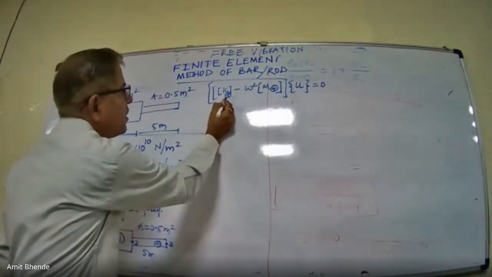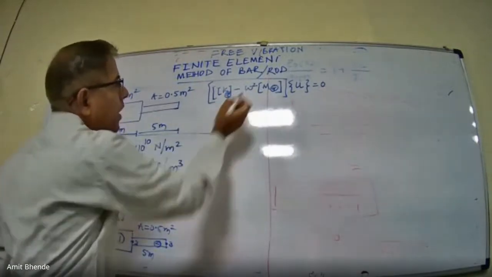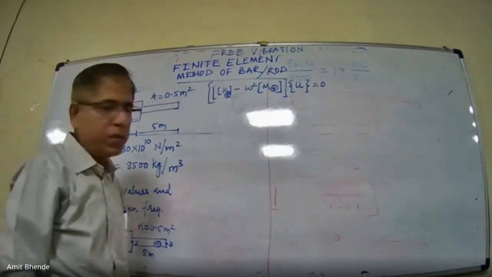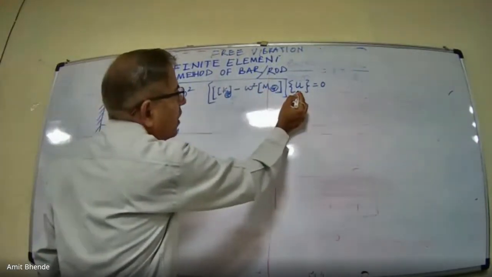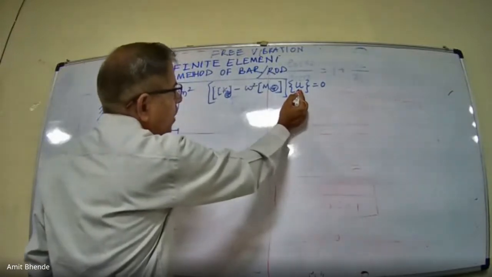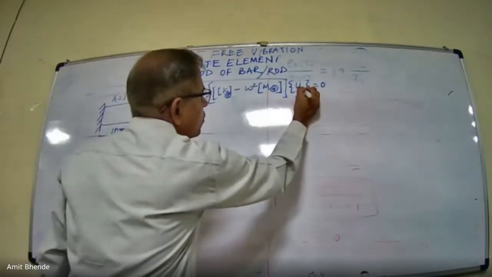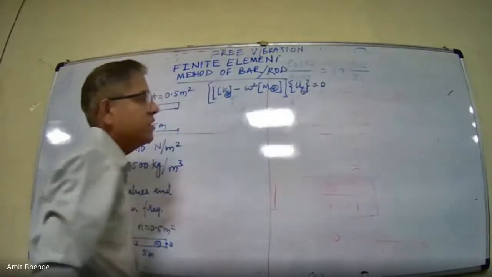That is global stiffness matrix minus omega square, omega square is natural frequency, into global mass matrix multiplied by the global displacement matrix is equal to 0.